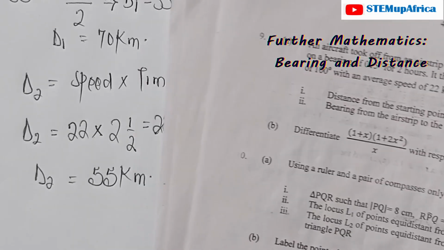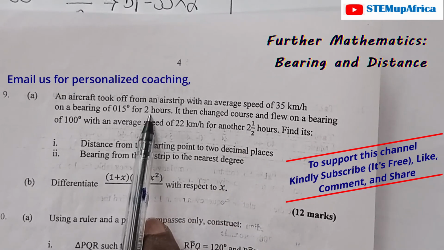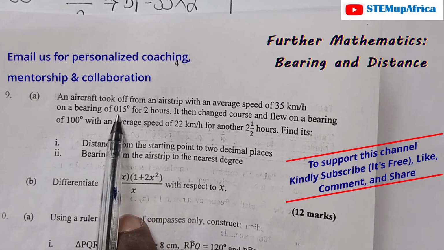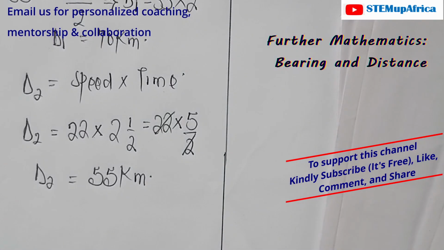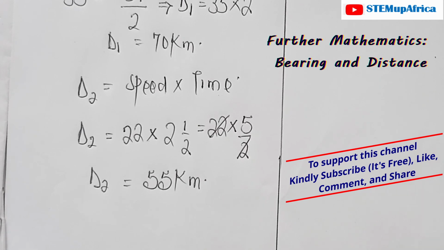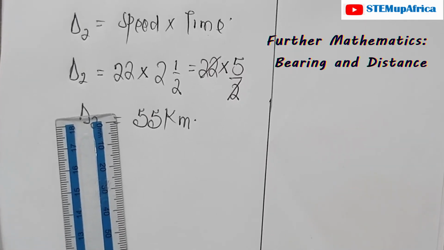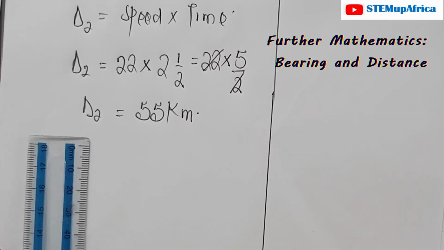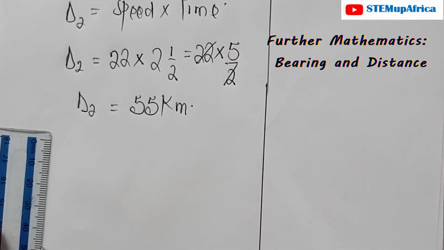So with the two distances known now, I can now draw the diagram for the motion. Let's draw a diagram for the motion. So the first distance is now 70 kilometers on a bearing of 015 degrees. So let's draw the motion for this diagram. If the aircraft first flew, let's take here as our first point.